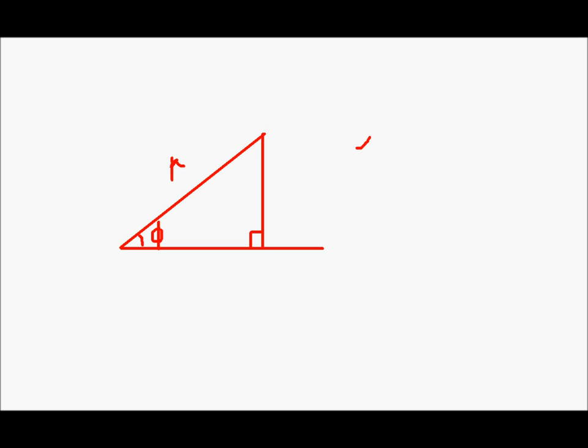Sin phi is given by the side opposite to angle phi, that is this side, divided by the hypotenuse. Let's call the opposite side as O and the hypotenuse is r. And cos phi is given by the side adjacent to angle phi, that is this side.